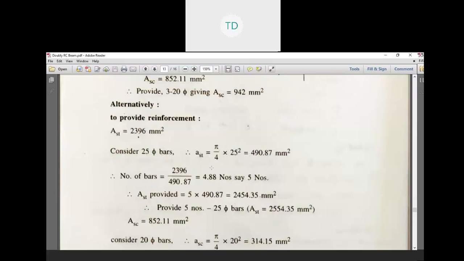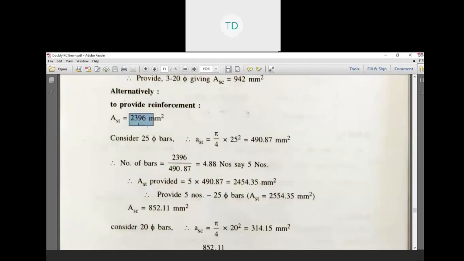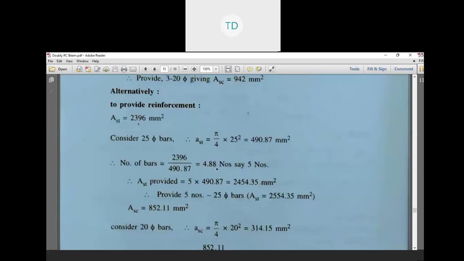Now 5 into 490.87, we get this value. But doing this, we can do another exercise. Number of bars is equal to 2396 divided by 490.87, we get 4.88.